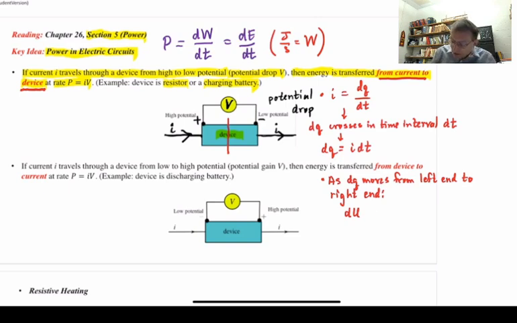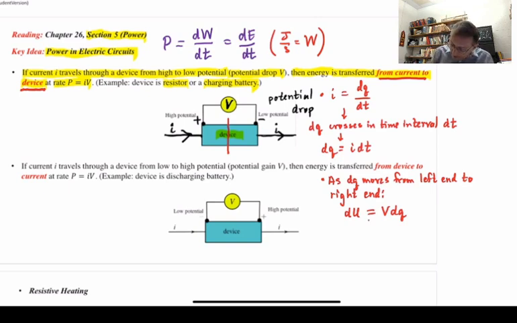Just from the definition of electric potential, that's going to be the charge that moved, dq, times the potential difference it moved across, which is V. I'm going to write it like this: V times dq. That's really just from the definition of potential as potential energy per unit charge.